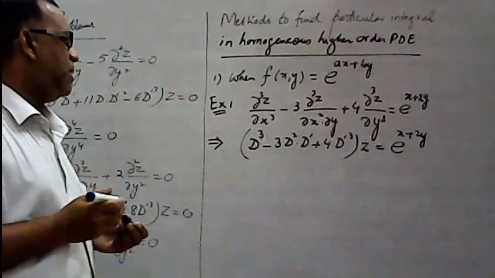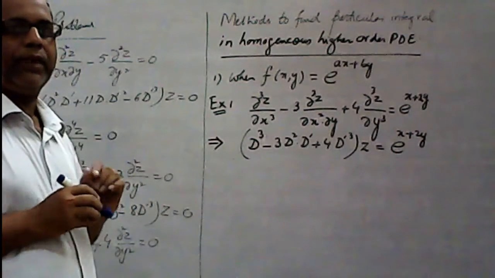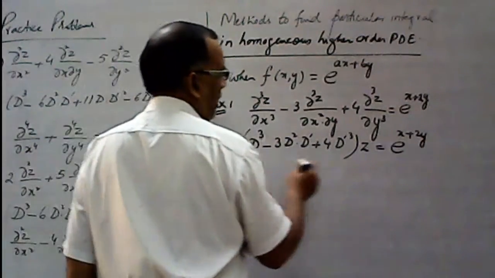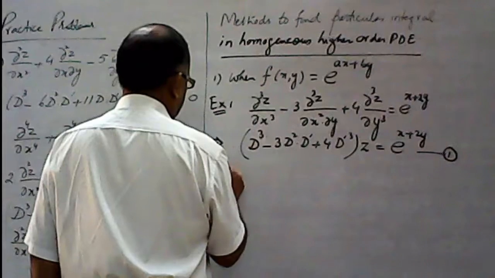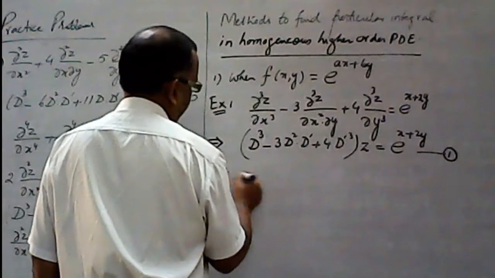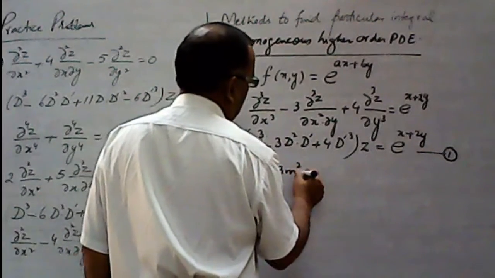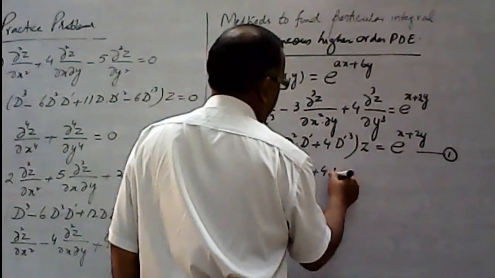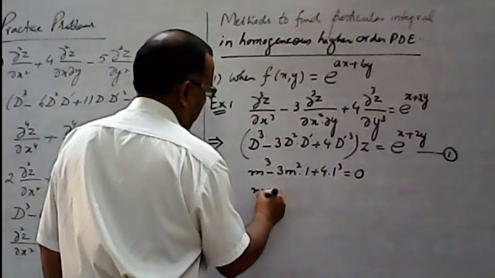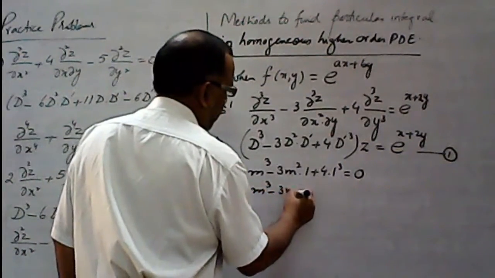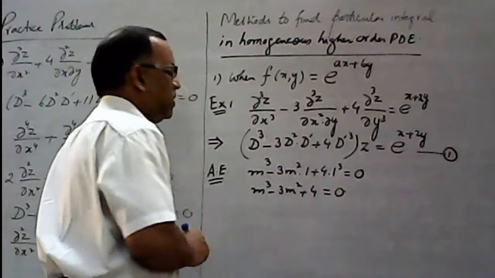Now the question is in its operator D form. Call this equation 1. Now you need to write the auxiliary equation, that is m cube minus 3m square into 1 plus 4 into 1 cube equal to 0, or m cube minus 3m square plus 4 equal to 0.